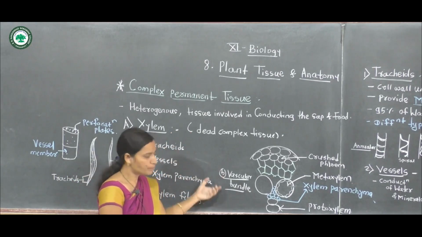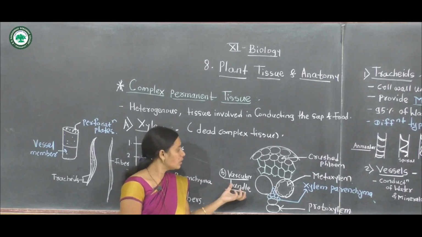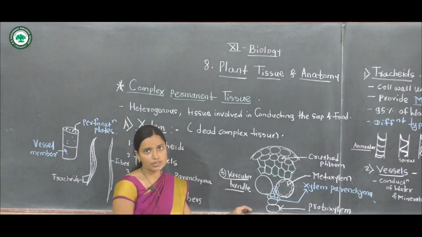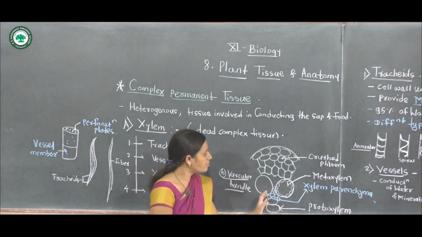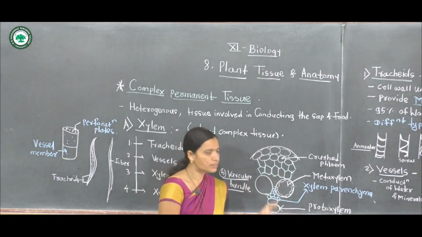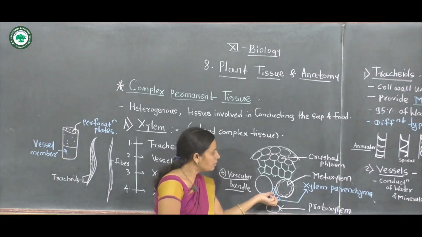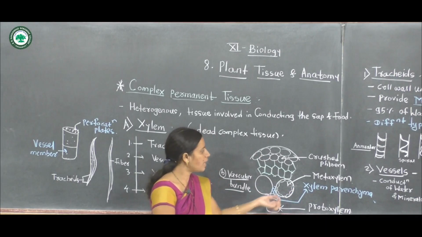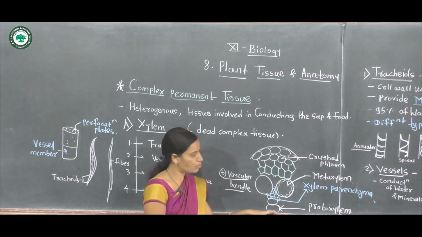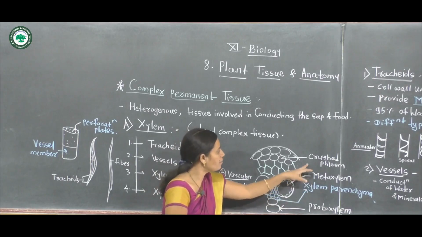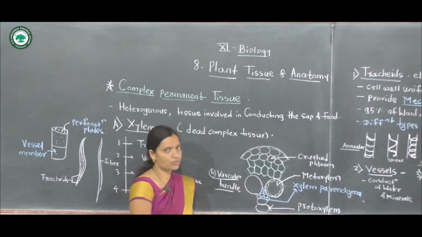Now the position of the xylem in the vascular bundle. The vascular bundle shows this structure of xylem, with xylem parenchyma and different types of cells; protoxylem is in the middle central position, and metaxylem and crushed phloem cells are also present in the vascular bundle.